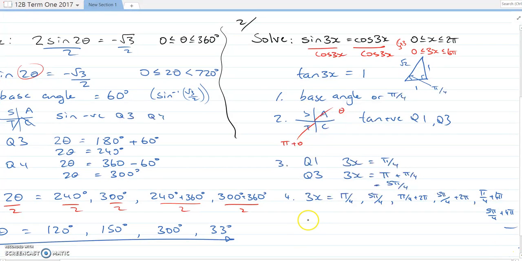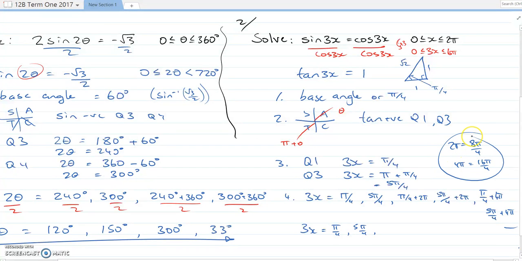Alright, so let's work out all those fractions. Pi over 4, 5 pi over 4, 5 pi over 4 plus 2 pi. Let's see, 2 pi equals 8 pi over 4, and 4 pi equals 16 pi over 4.